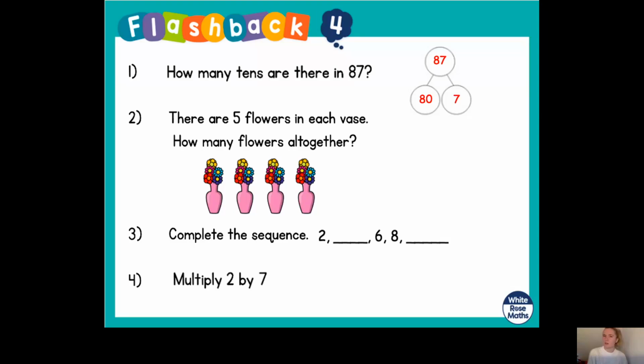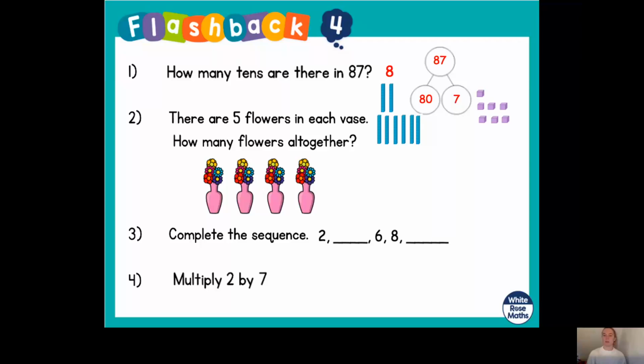Now, how many 10s are there in the number 80? Should we count up in steps of 10 to find out? Okay, you ready? 10, 20, 30, 40, 50, 60, 70, 80. Oh, how many steps did we count? Yes, that's right. We counted 8 steps. There are 8 10s in the number 87.